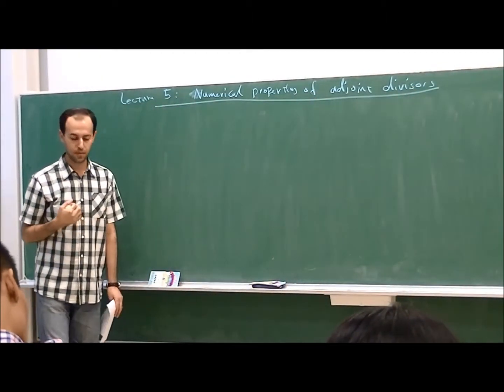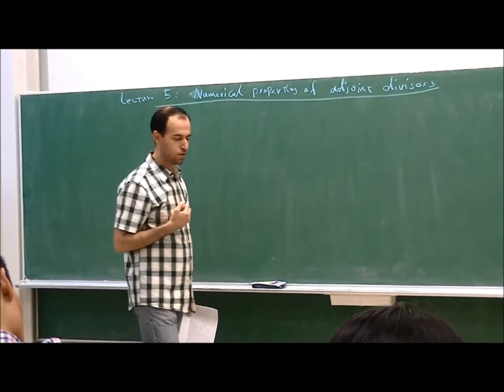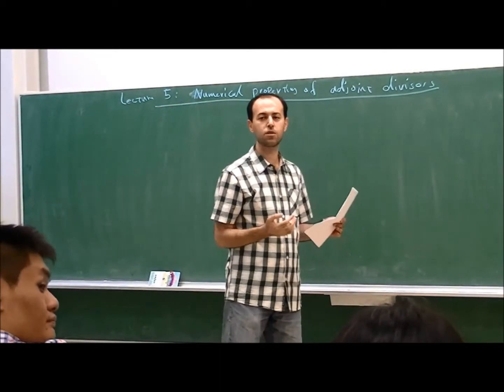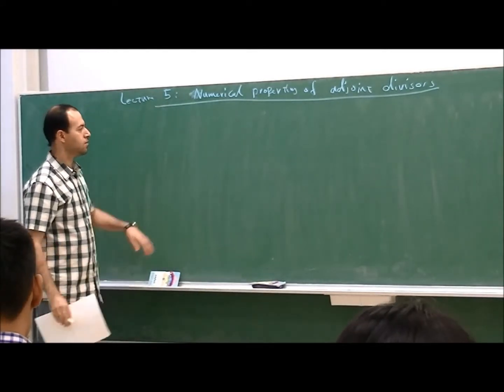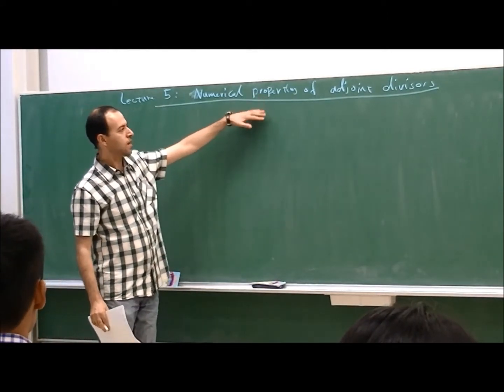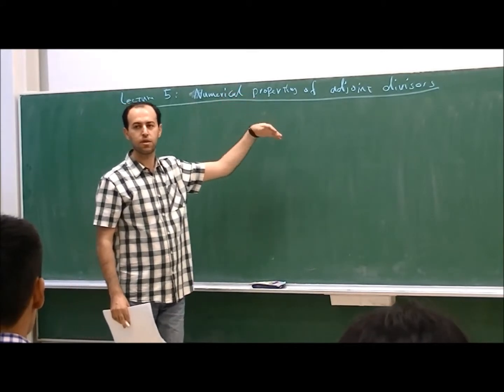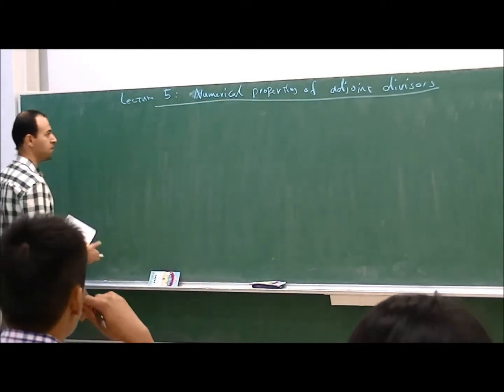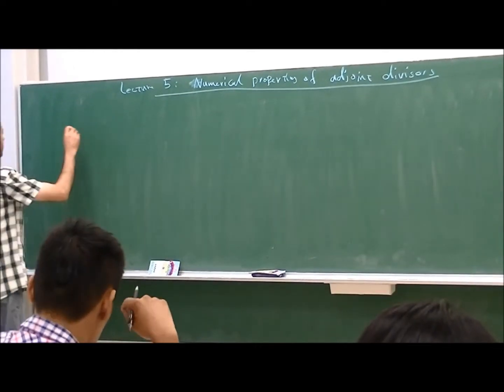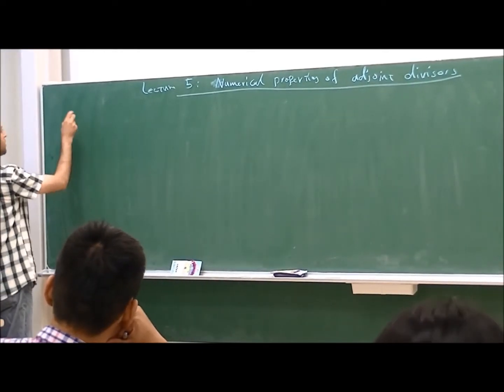In so many different situations, birational geometry has to do with the relation between numerical and more geometric properties. So especially we usually like to turn something numerical into something which is geometric. So we have seen examples of this so many times before.